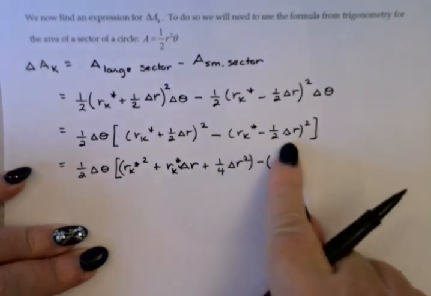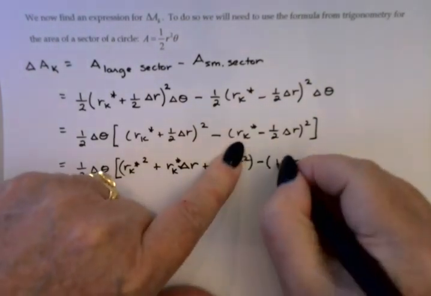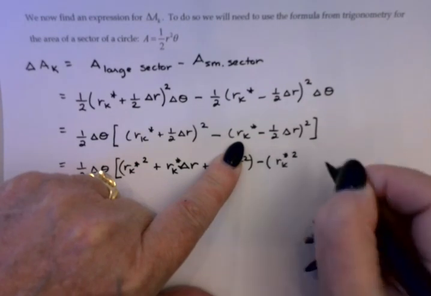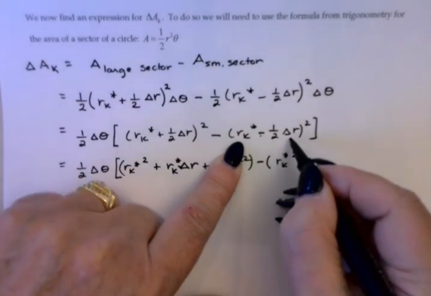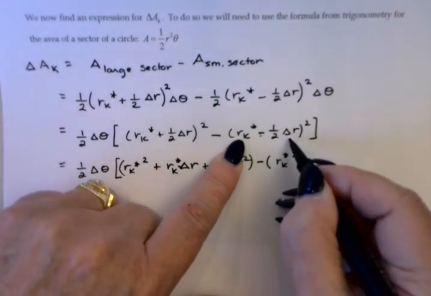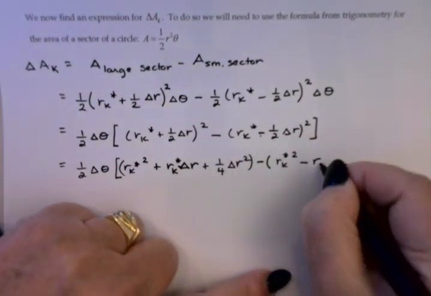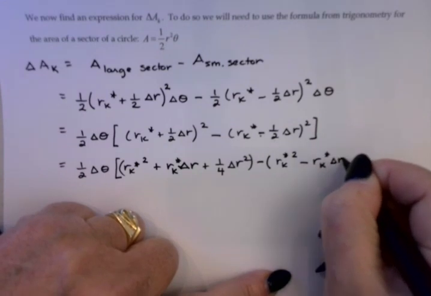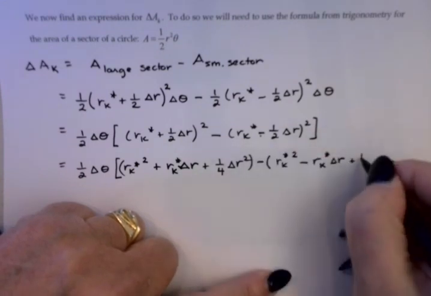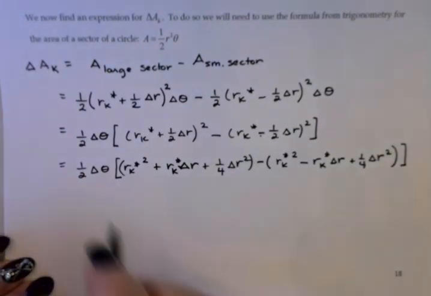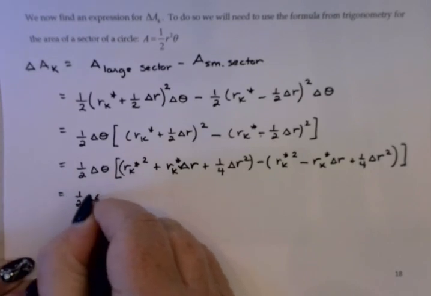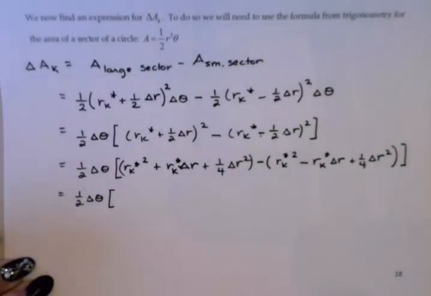Now I'm going to subtract the square of this. Again, r k star squared minus, and the same deal, right? That'll be 1/2 delta r r k star, but we're going to double that because there's one from the inners and one from the outers. So we'll just end up getting a minus r k star delta r plus 1/4 delta r squared. All right, let's do a little mental algebra here.